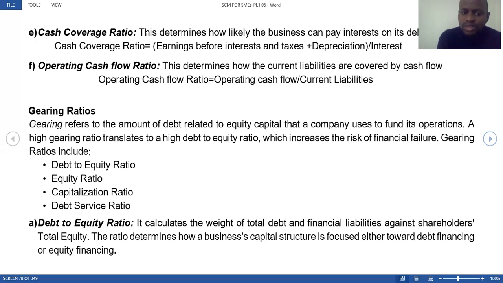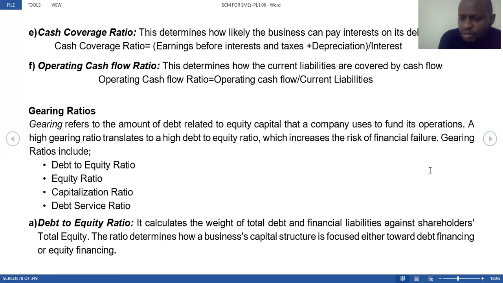The first one is debt to equity ratio. And when we are talking about debt to equity ratio, it helps us to calculate the weight of total debt and the financial liability against the shareholders' total equity. It also helps to determine how a business capital structure is focused, either towards debt financing or equity financing.